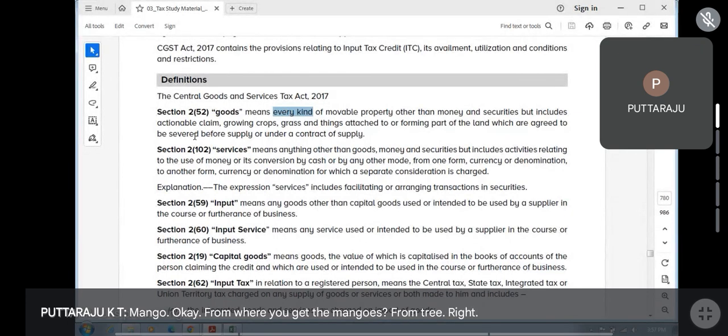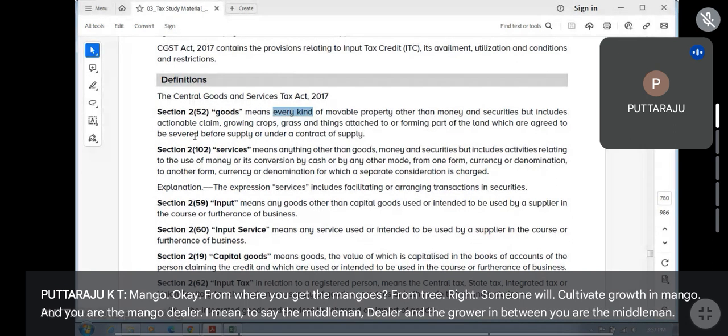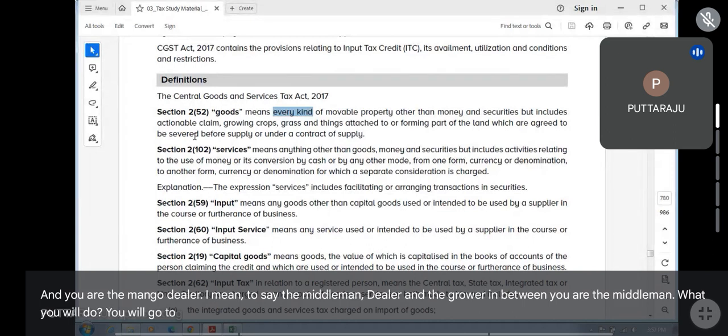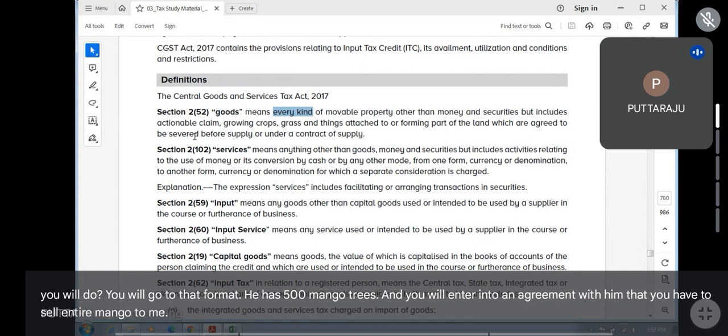Someone will grow them. In between, you are the middleman. You go to that farmer. He has 500 mango trees, and you enter into an agreement with him that he has to sell the entire mango crop to me only. I will give this much amount.